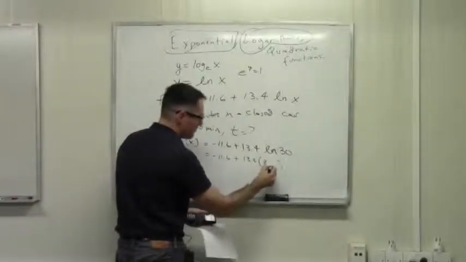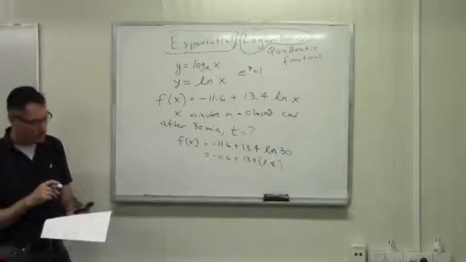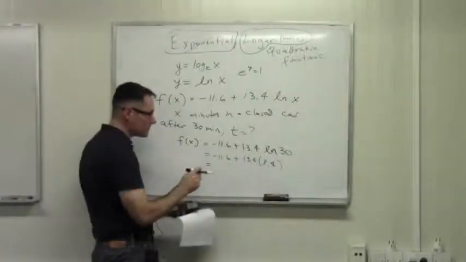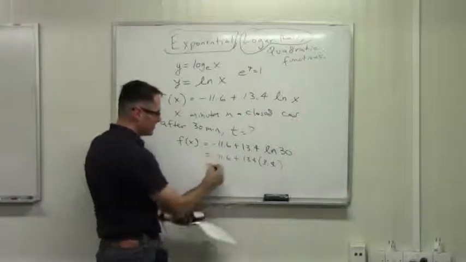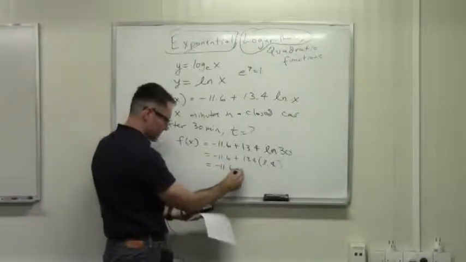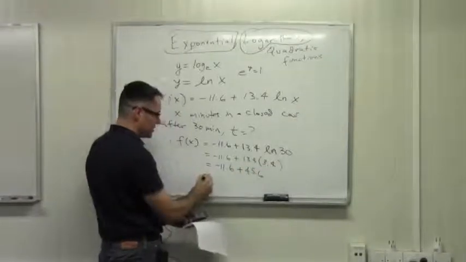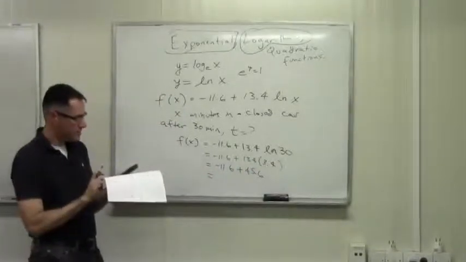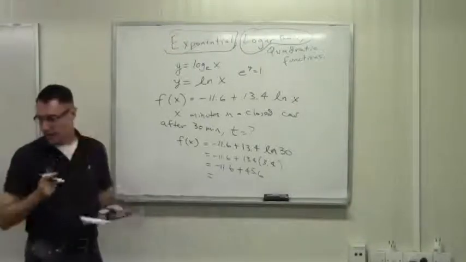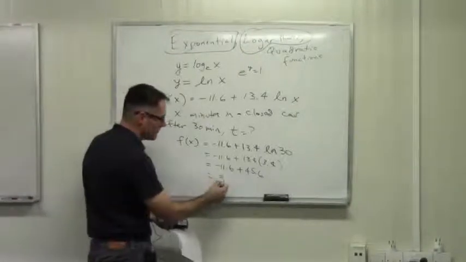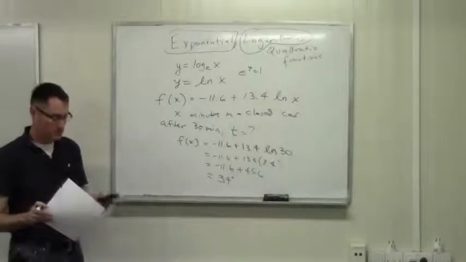Times 13.4 gives you negative 11.6 plus 45.6, which is about 34 degrees after 30 minutes.